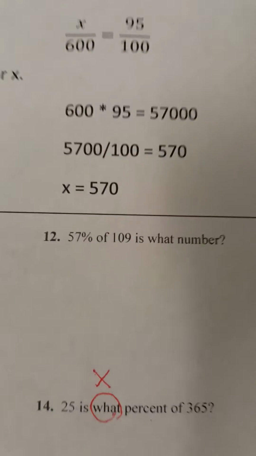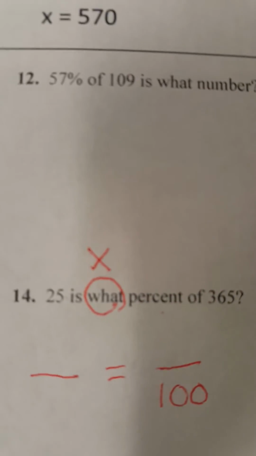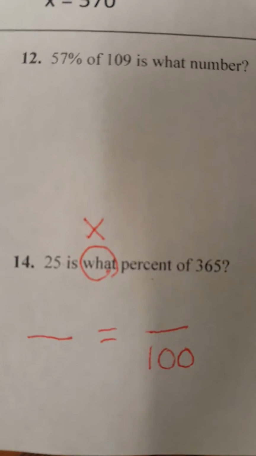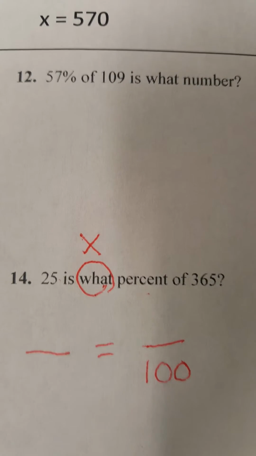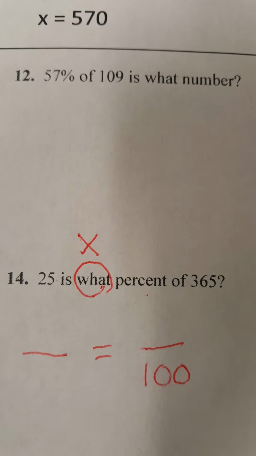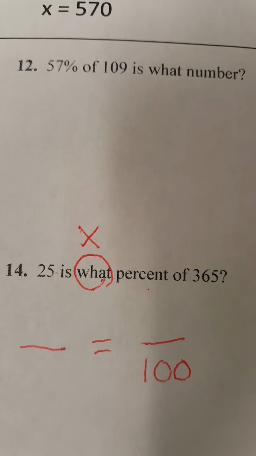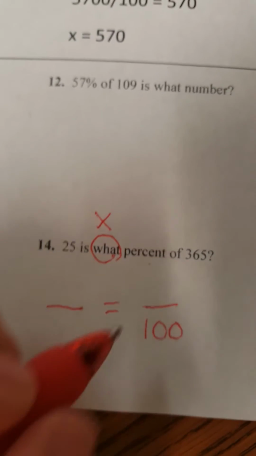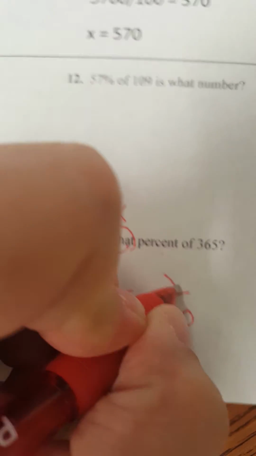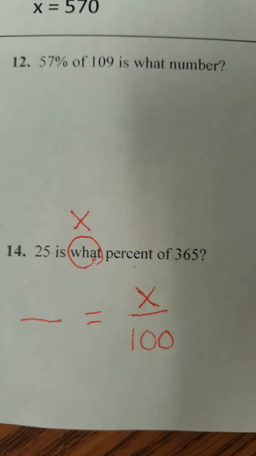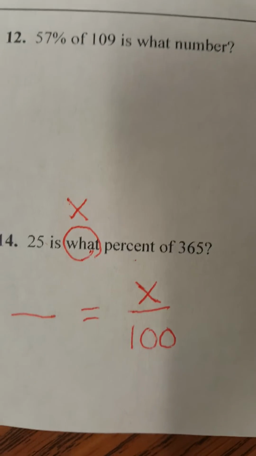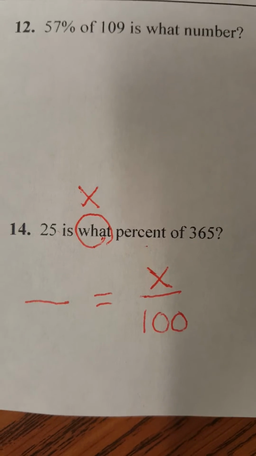But if you notice, there is no percent sign in this problem. When you see a percent sign missing from a problem, that is your clue to put your variable above 100, because there's no number to go with percent.